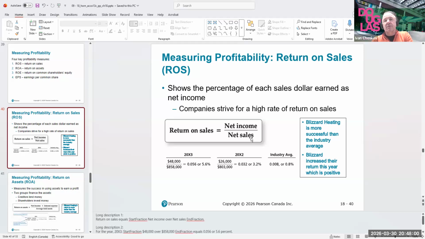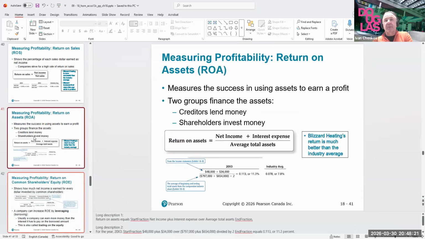Again, that's a percentage, basically what's left in the company after we pay all the expenses. As you can see, under the current situation, this company is generating 5.6% return on sales, where the average is 0.9, so they're performing way above the average in this case.